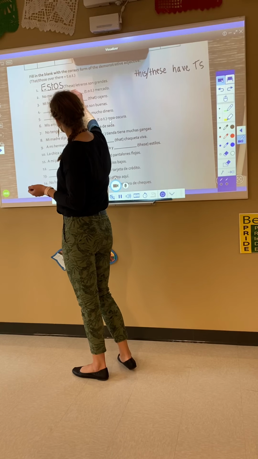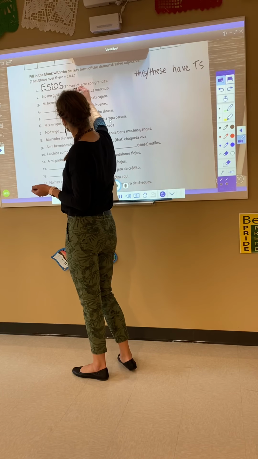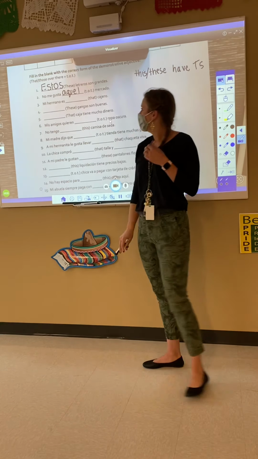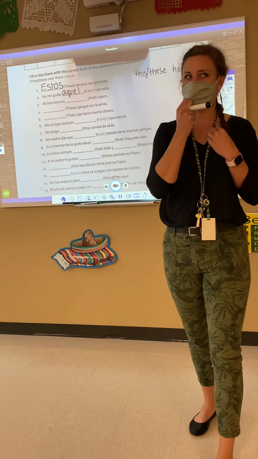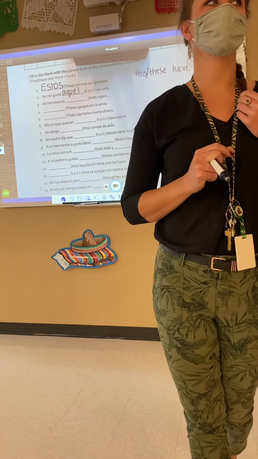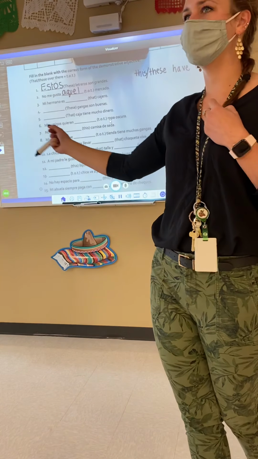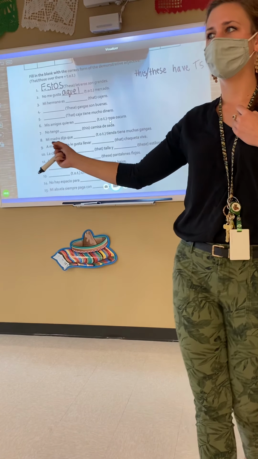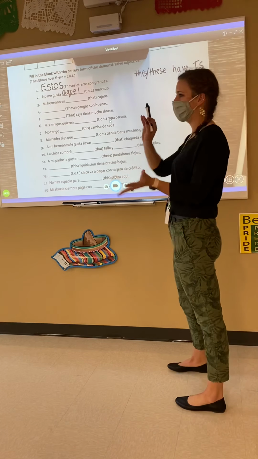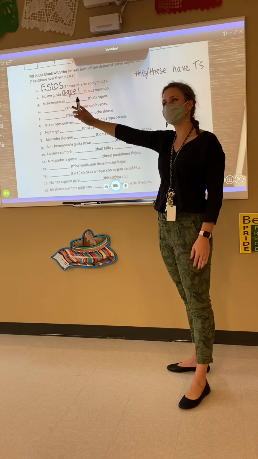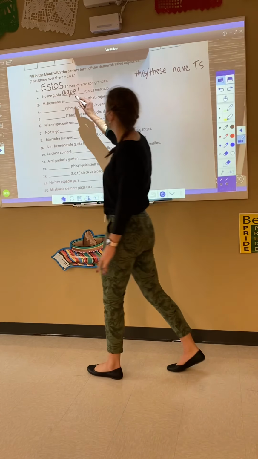No me gusta aquel mercado. Mi hermano es that cajero. Cajero. Is that singular or plural? Singular. Is it masculine or feminine? Masculine. So for that and those that do not have T's, which form am I going to use? Ese. Good.